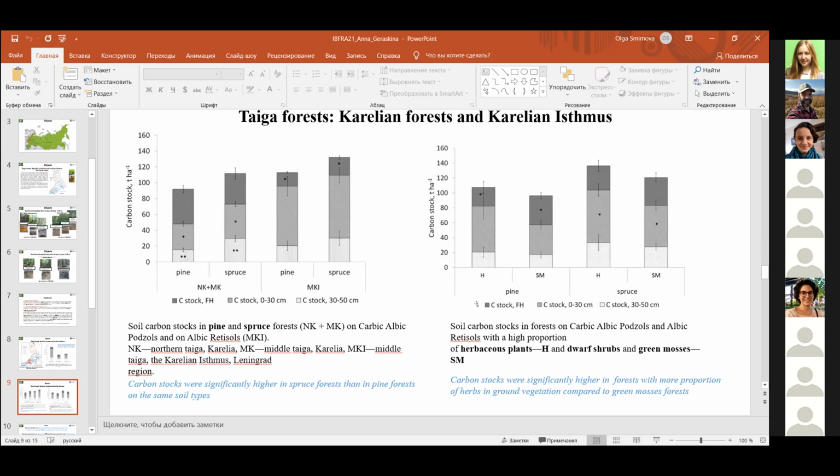And the third main result in taiga forests is carbon stock was significantly higher in forests with more proportion of herbs in ground vegetation compared to green moss forests.